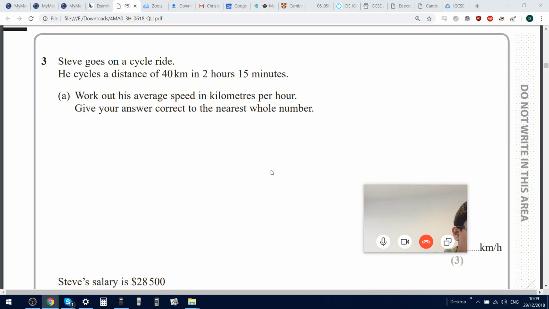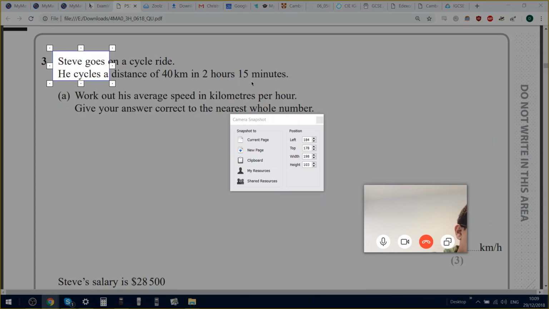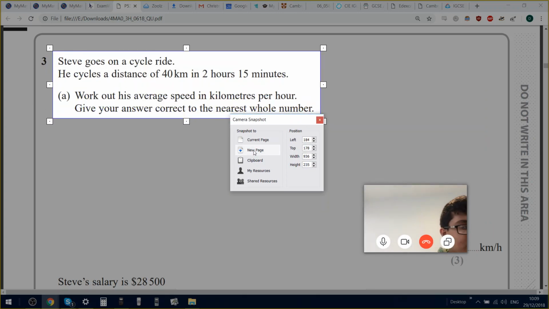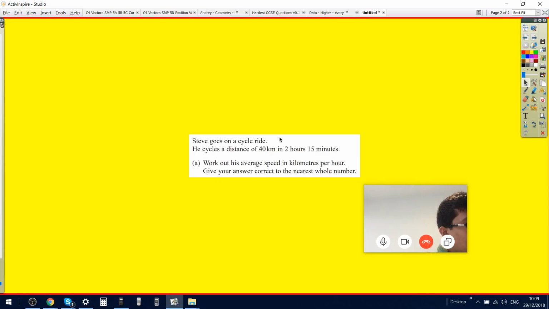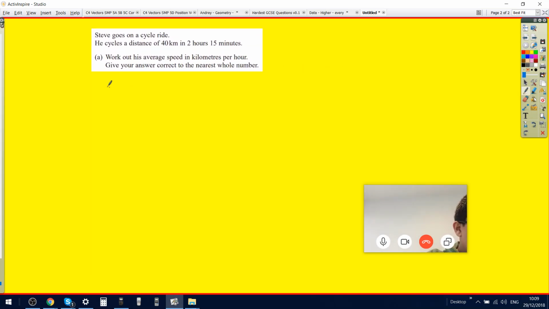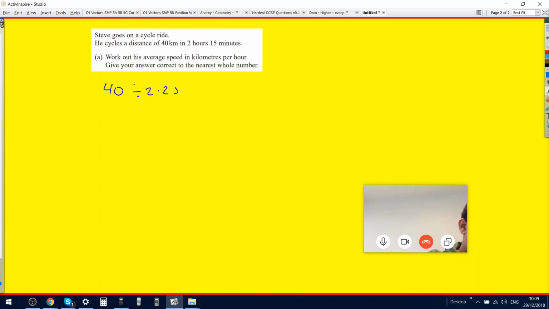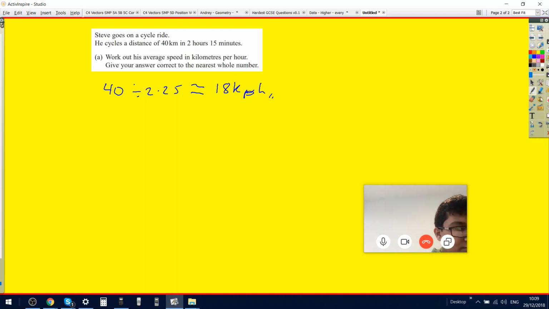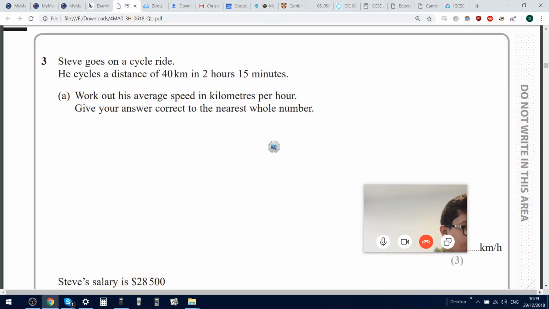And 40 kilometers. So we divide 40 by 2.25, giving us 18 to the nearest whole number, kilometers per hour. Okay, yeah, no problem.